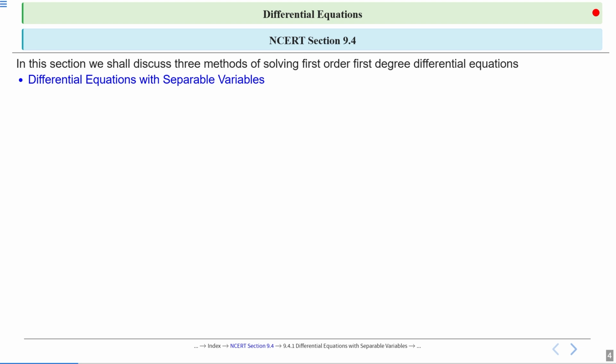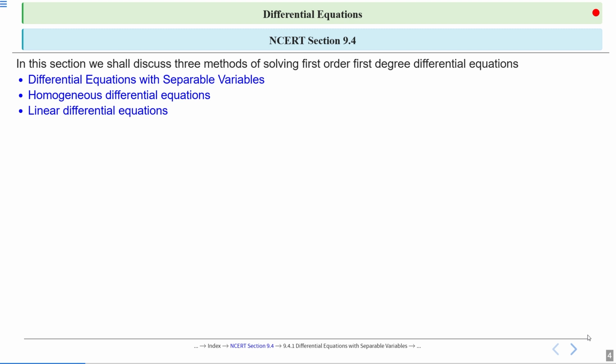The first method is differential equation with separable variables. Second is homogeneous differential equation. And third is linear differential equation.